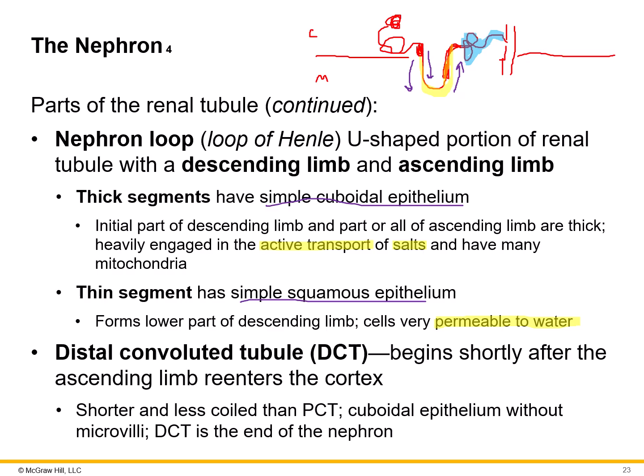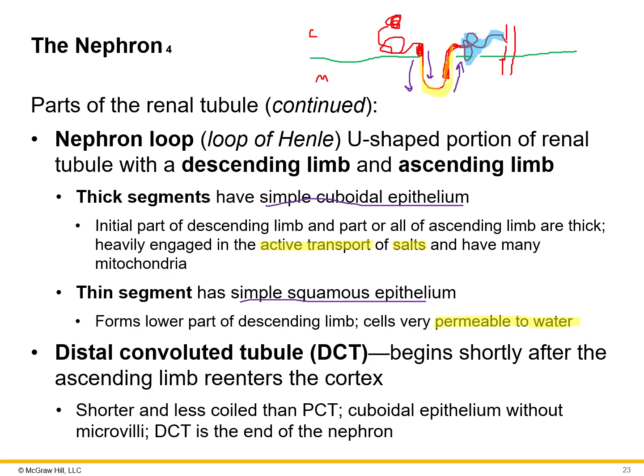If we were talking about a cortical nephron, it wouldn't dip down quite so far into the medulla, or sometimes it wouldn't dip into the medulla at all. So that's what it's referring to here, when that ascending limb of the nephron loop reaches the cortex again. Now we're in the distal convoluted tubule. There we go, something like that.